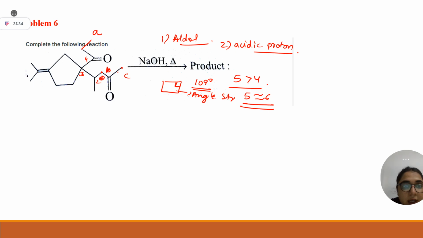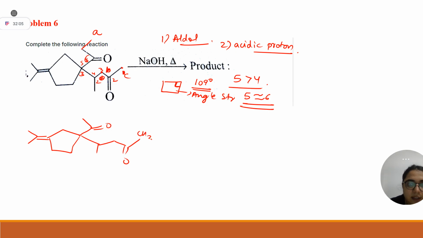Now, if we abstract this proton, how many member ring will form? 1, 2, 3, 4, 5, 6. This is possible, right? So let's do it. First, we will make every possibility. Please tell me if I make a mistake anywhere. COCH3. Clear. If it abstracts proton from here, just do simple numbering 1, 2, 3, 4, 5, 6 and form a ring here.